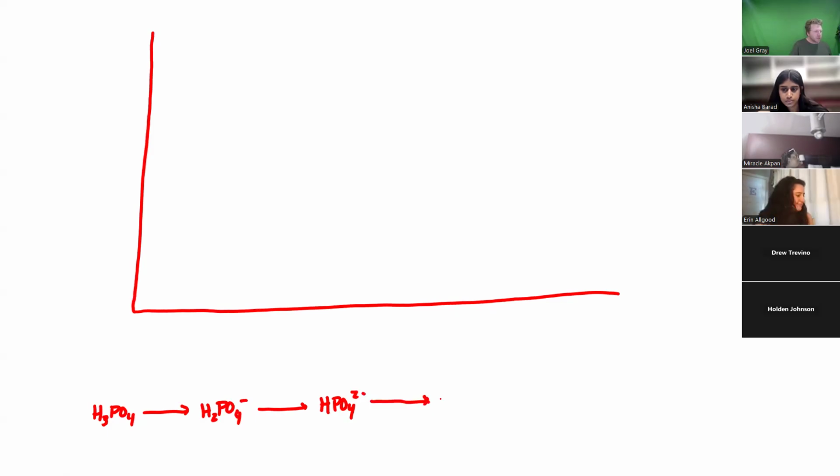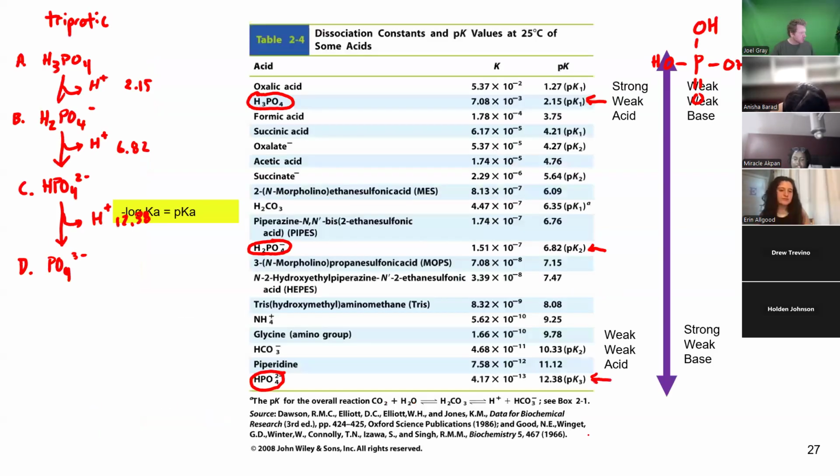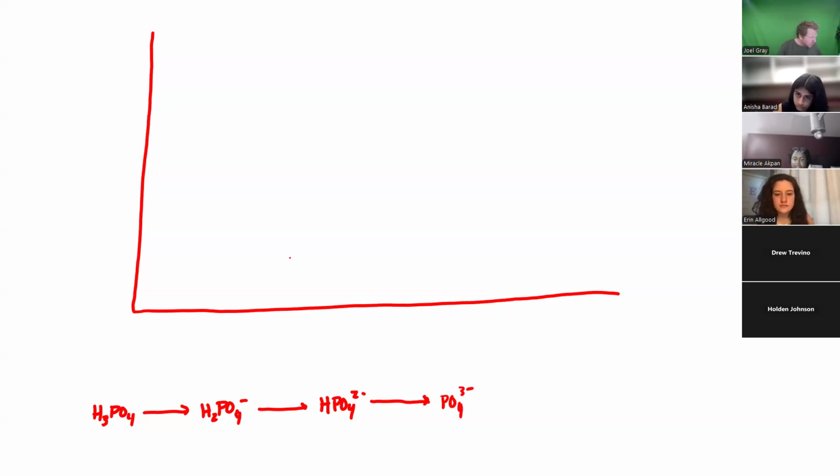And then last but not least, I've got PO4 3 minus. So those are my 4 different forms. Anytime I'm drawing a molecule, I like to know what my possible molecules are. I'm going to go back: 2.15, 6.82.